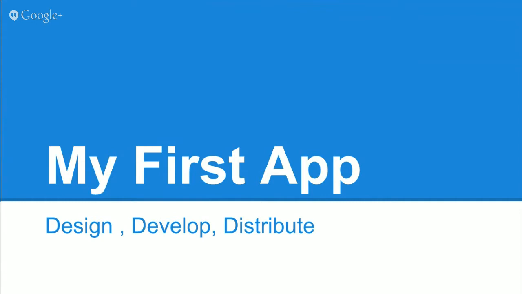Following which, after you have the blueprint in your mind already, you try to develop it. When we say develop, it means coding or creating image assets, like how the background should look, and the kind of XML files you develop.